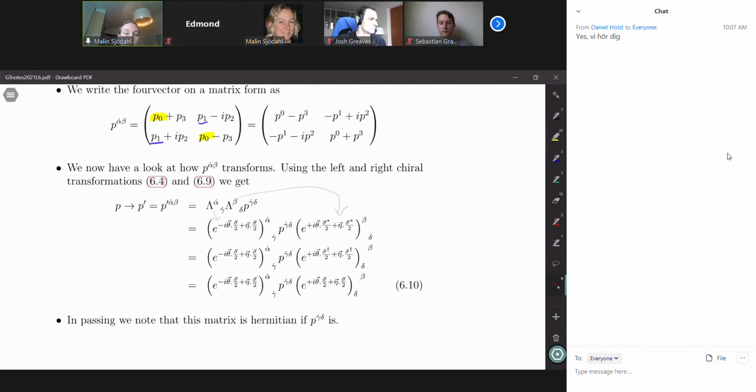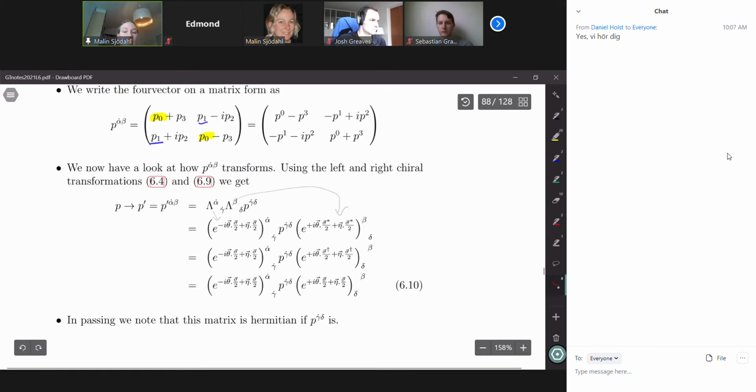And this is the point where we pause to note that this thing is a summation. If this object is Hermitian, it is mapped into a Hermitian matrix, because this guy and this guy cancel, such that if you take the Hermitian conjugate, we still have something that is Hermitian.